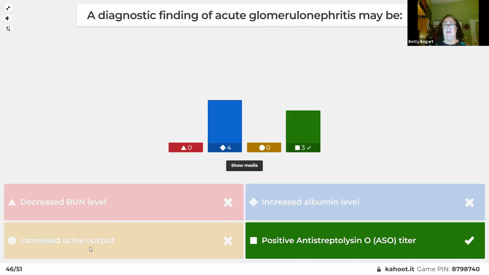And that ASO titer, look what's in the middle, anti-streptolysin. It's about strep, okay? ASO titer. This is one way that you will see this presented in the lab form. Instead of saying strep throat recently, it's a positive ASO titer. We'll say, okay, that's the answer.